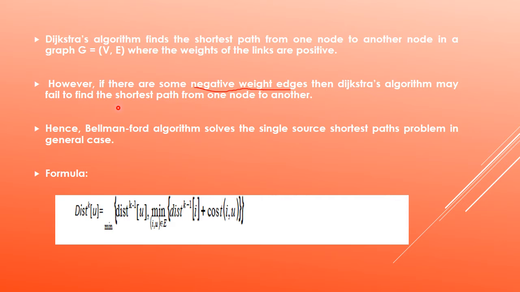In that case, the Bellman-Ford algorithm is useful, which gets you the single source shortest path in a graph, even if there is a negative weightage. The formula used in the Bellman-Ford algorithm is displayed on the slide.